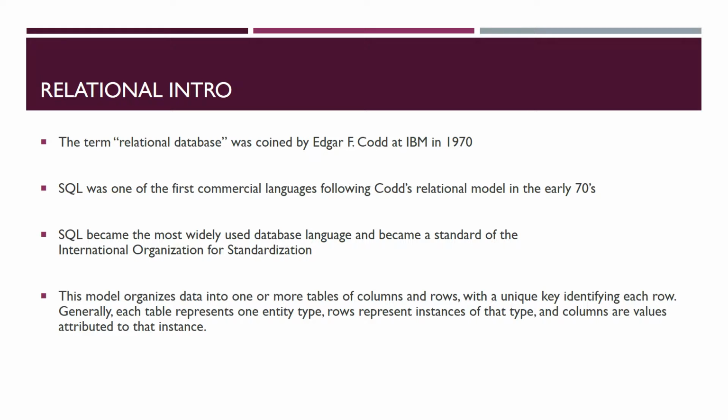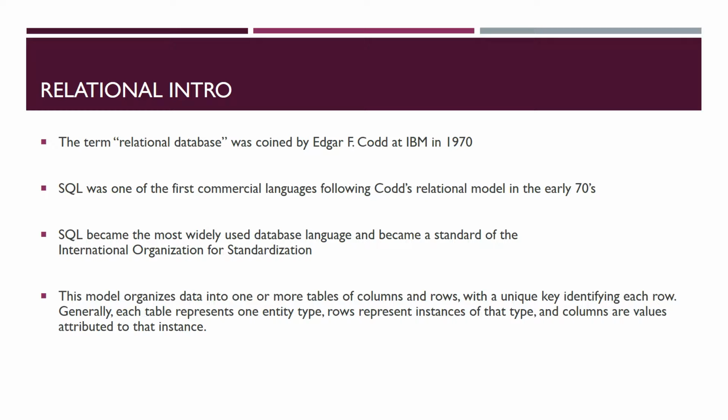Just some background on relational databases. They're generally SQL based, and SQL came around in the mid 70s. The idea is that all your data is related to each other, and it organizes all data into tables. Each table is an entity type, so that could be a product, a customer, or an insurance policy.